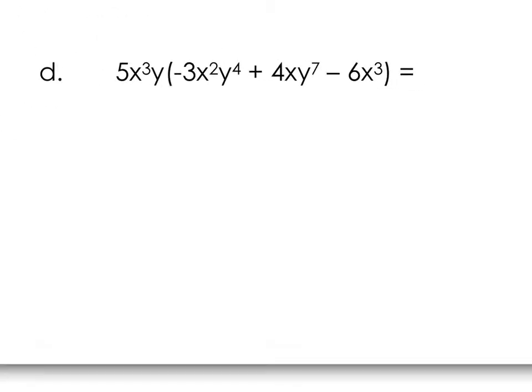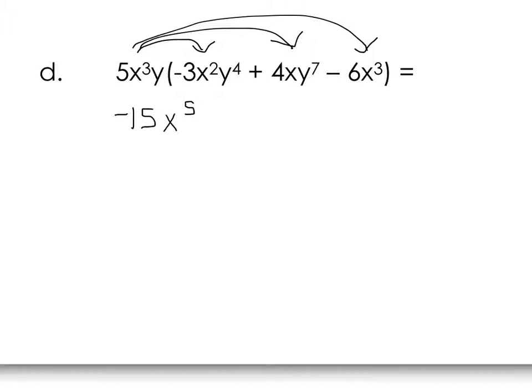Oh my goodness, what a monstrosity. We want to multiply here, here, and here. 5 times negative 3 is negative 15. X cubed times x squared is x to the fifth.